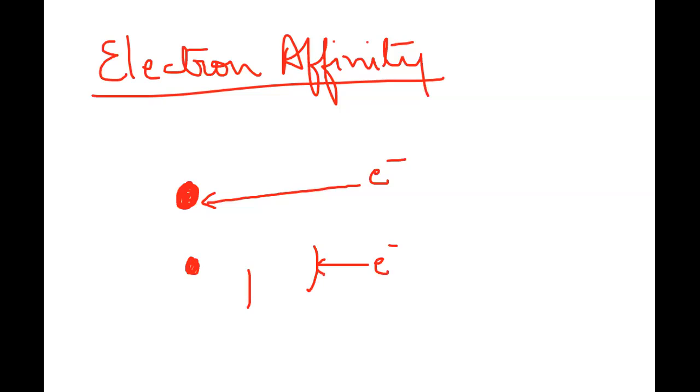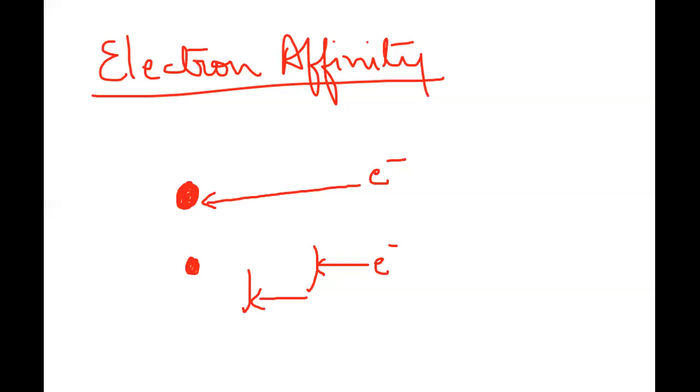But if it has to come to this shell, obviously it is coming closer. Now the differences are not so high when you actually look into the atomic radius when you're going across the period. There is a slight decrease only. But what we are saying is that the closer it is coming to the nucleus, more amount of energy it has to release. The more amount of energy that it releases, the more it is indicating that the atom wants the electron.